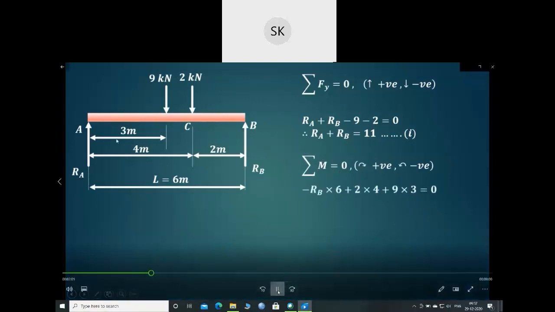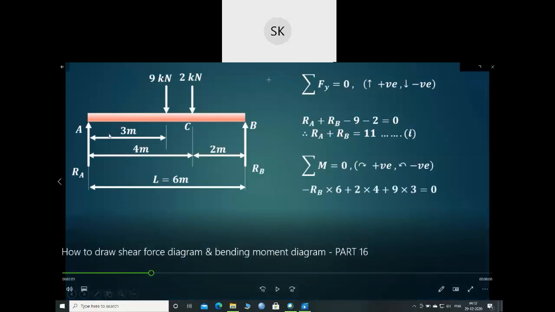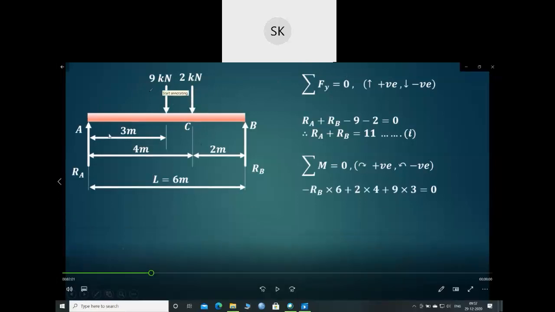Now we'll take moment about A. In this type of problem, while calculating the support reactions, you can convert the UDL into a point load to make the question easy, or you can do it the other way also. It's up to you.